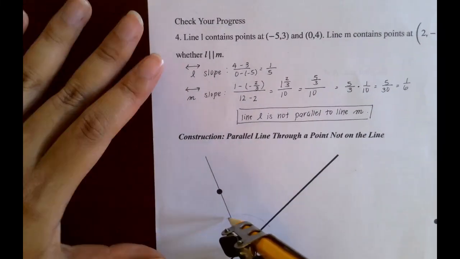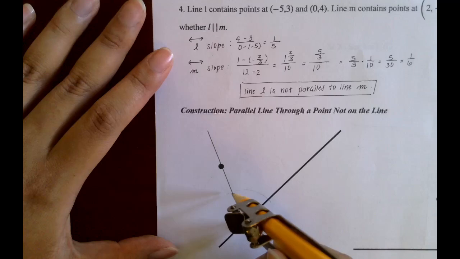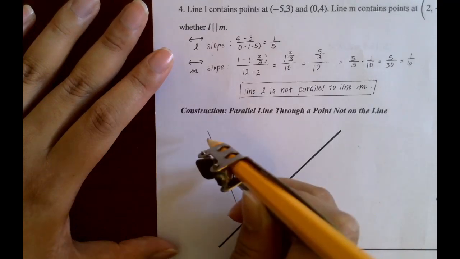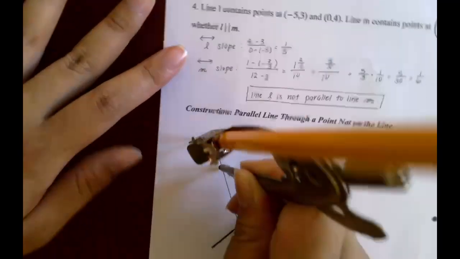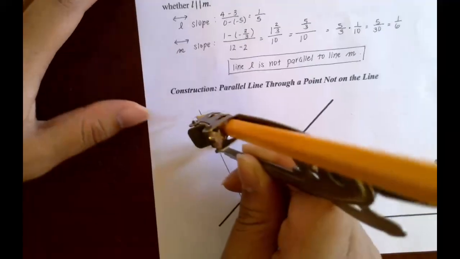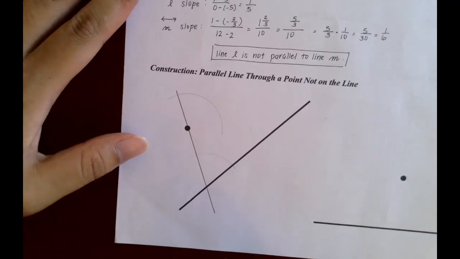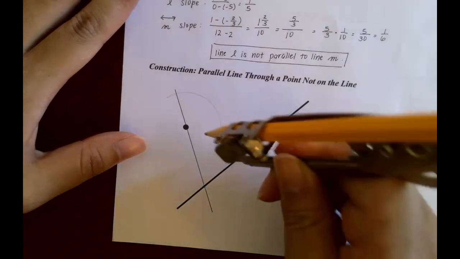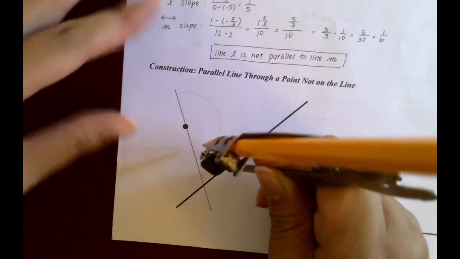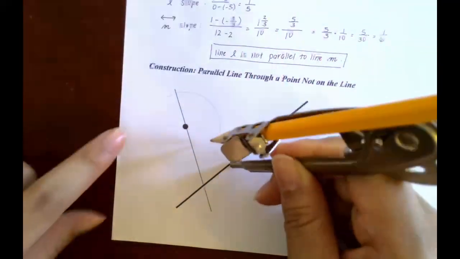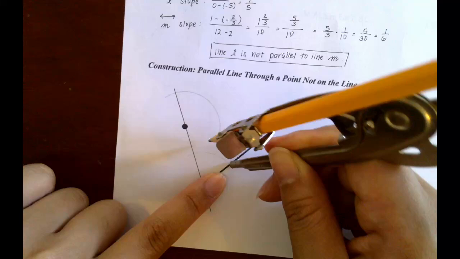Then, leaving your compass the same, you're going to go to where that point is, and you're going to make that same arc. Okay? Then, you're going to measure how far the arc is from each other using your compass. So here's one intersection, here's the other intersection of the arc.